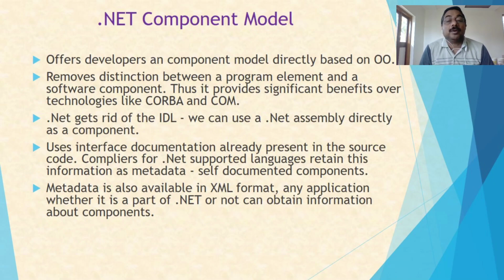This is the .NET component model, which offers developers a component model directly based on object-oriented principles. It removes the distinction between a program element and a software component. Thus, it provides significant benefits over technologies like CORBA and COM. .NET gets rid of that ideal. We can use a .NET assembly directly as a component.